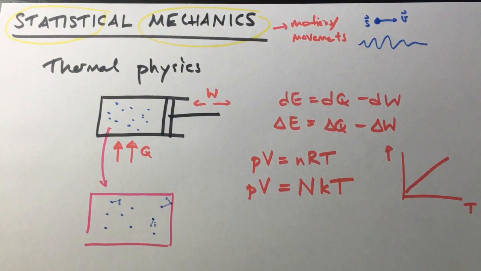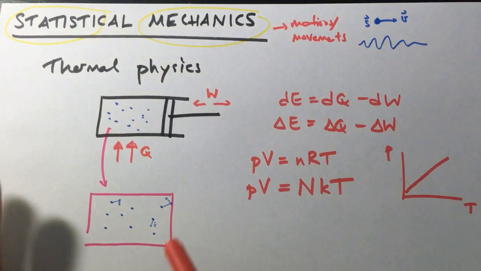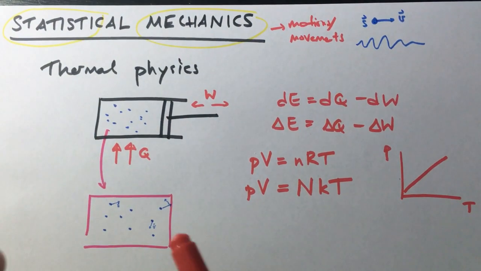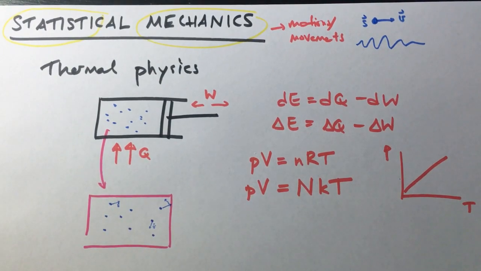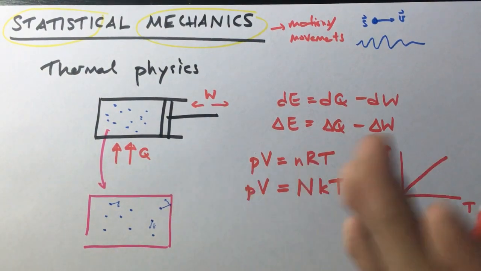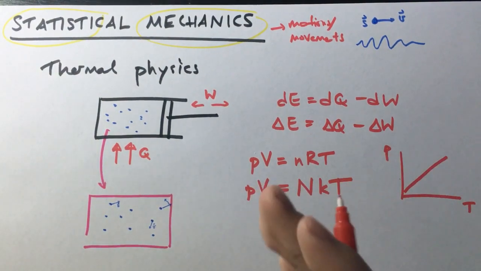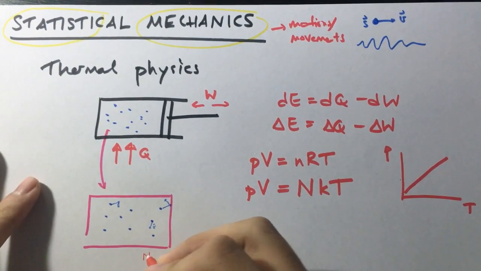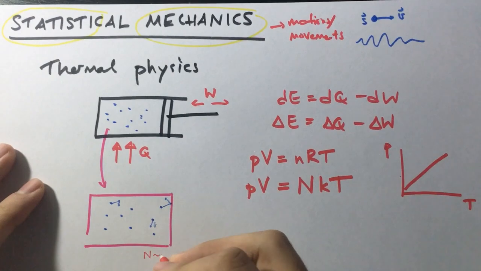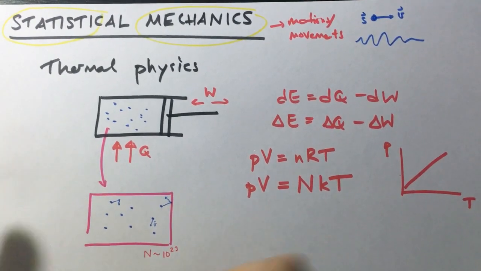The problem with that is that often this is not really practical because of just how many particles you have in a real gas. Sure, here I've only drawn like 9 particles, I think. But in real life, you don't just have 9 particles, you have many, many more. If you have a mole of gas, which I can't remember how big it is, but pretty big, then the number of particles will be on the scale of 10 to the 23, which is a lot of particles.